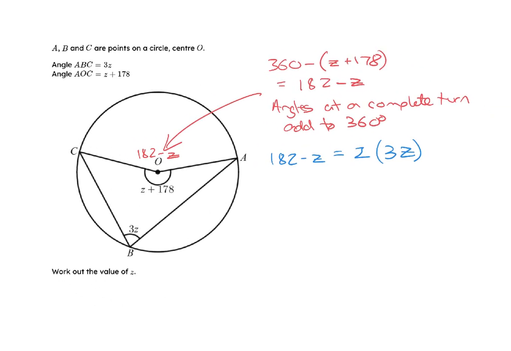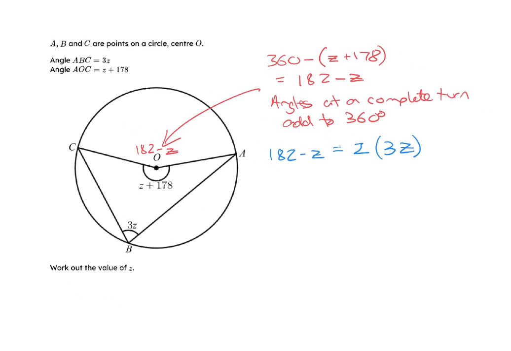So studying this, I have one equation, and there is only one unknown, which is the letter z. One equation, one unknown. I can solve this. So let's tidy it up and see what I get. I get 182 minus z equals 2 times 3z, which is simply 6z. Add z to both sides, so 182 is equal to 7z.